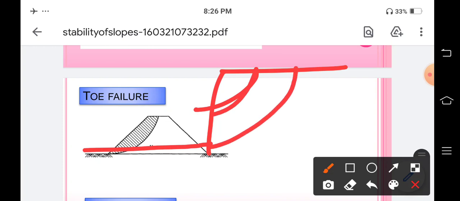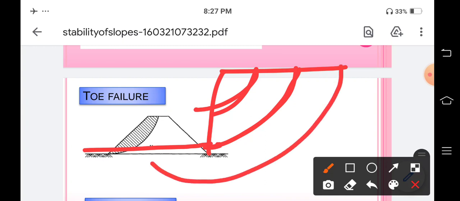The second is toe, which passes through the toe. The third is base, which passes through the base. Soil in this upper part and this part is homogeneous, meaning it is made up of the same kind of soil.